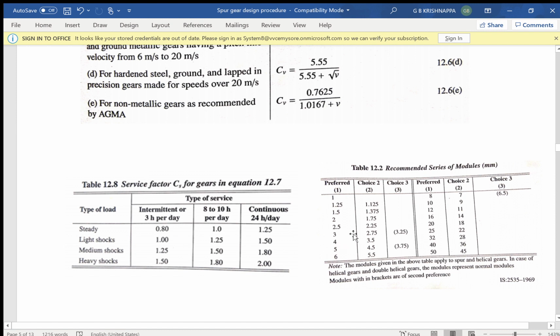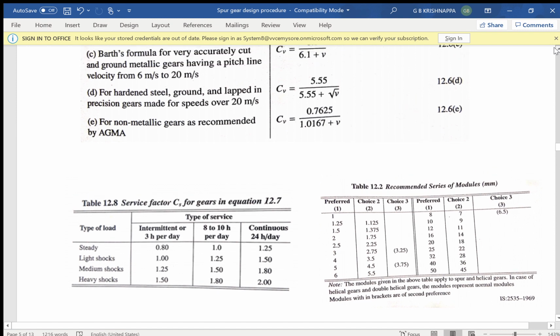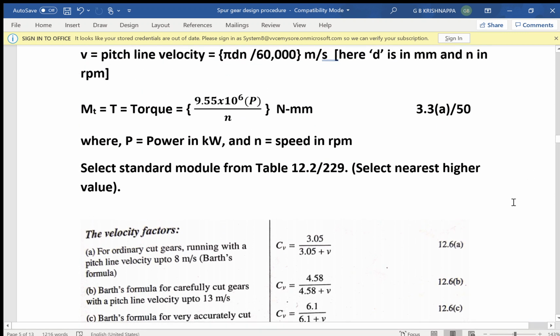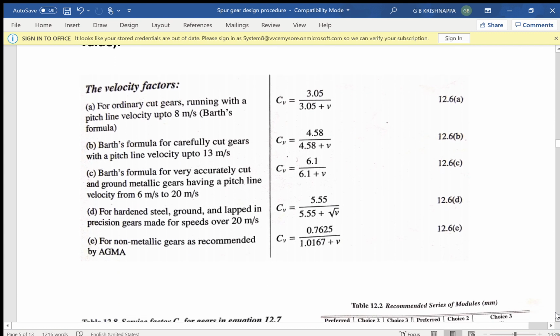If you obtain a module of 3.43, it is better to select 4 as the standard module. This is the preferred one because we are practicing this. Nothing will happen if you consider 4. So, module from the table: nearest standard higher value.